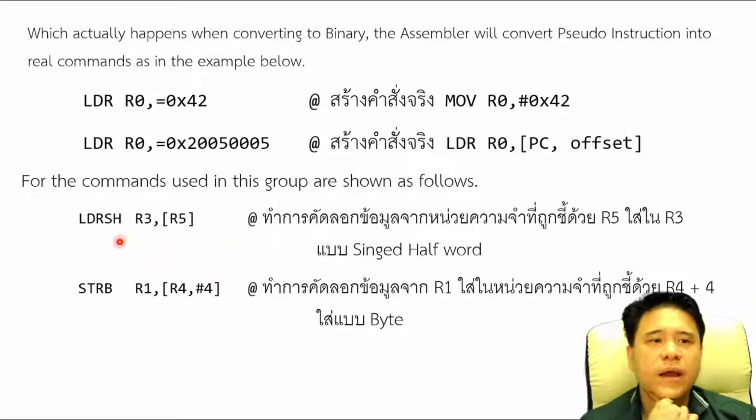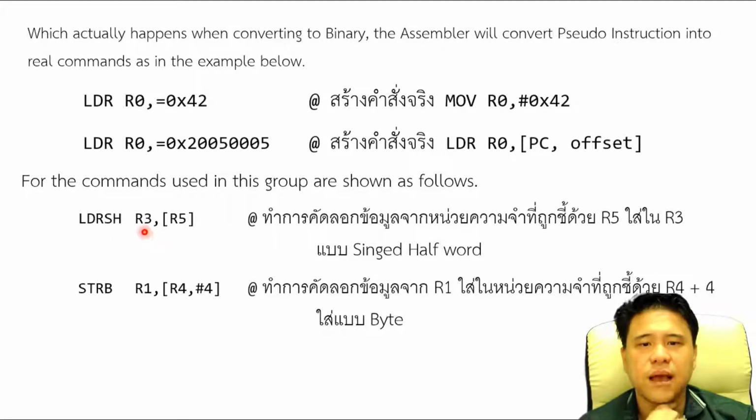Okay, for more examples, if we have LDRSH R3, R5, it means that they try to copy the value inside your memory that is pointed to by R5 and place it into R3 as a signed half-word. It means 16 bits, but we have a sign that is shown in R3. How about this one? STRB R1, R4, #4.